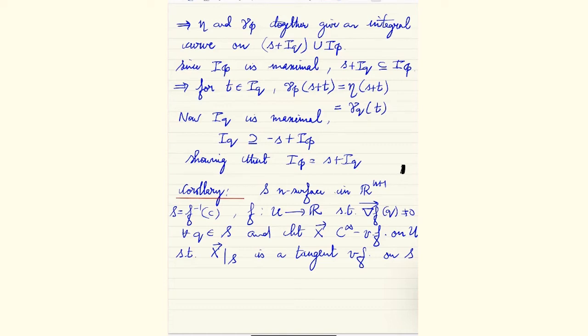But in spirit, it is very similar to the argument in saying that if two integral curves coincide at a point, then they actually are the same, defined on the same interval. So it is very similar in spirit to that.